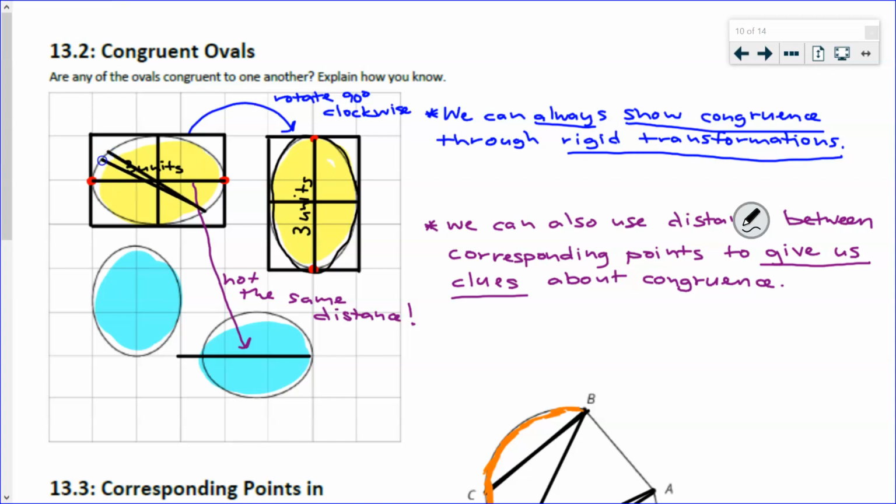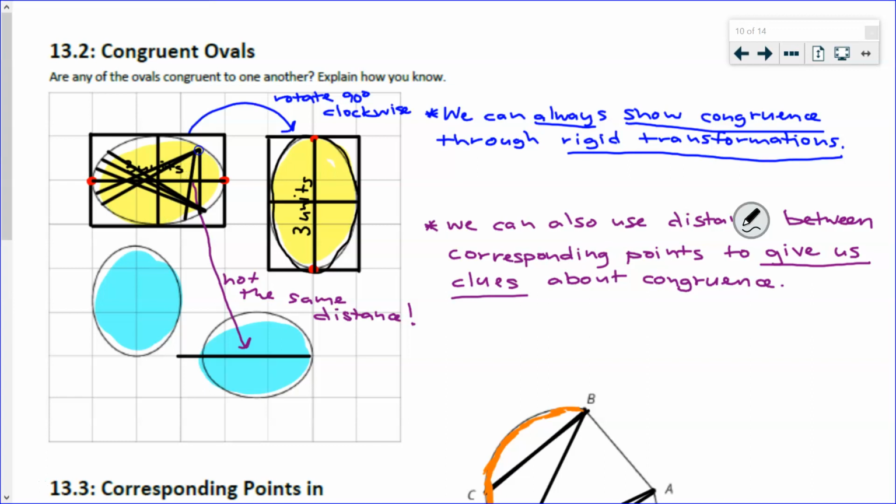But we have to prove every other piece, like this one that goes from here to here, and this one that goes from here to here, and this one that went from here to here, and then here to here. And do you really want to measure every single possible distance just to show that they're the same? No, it's a very daunting, impossible task.